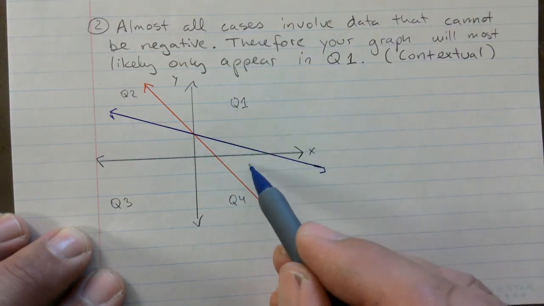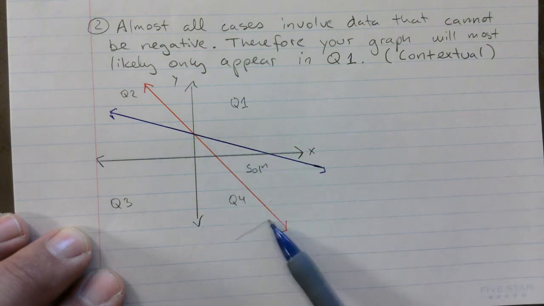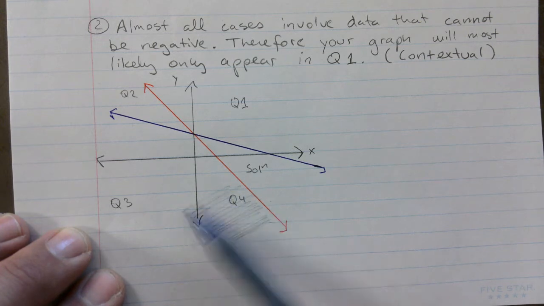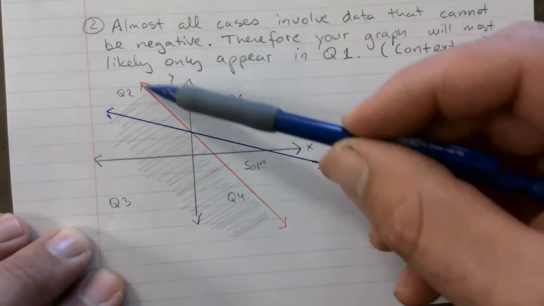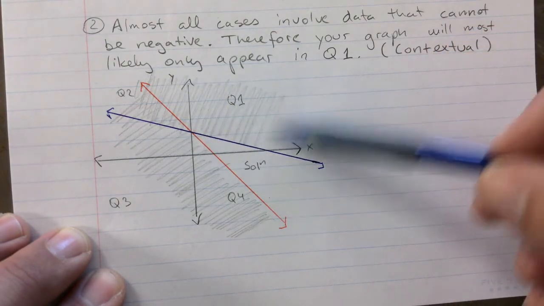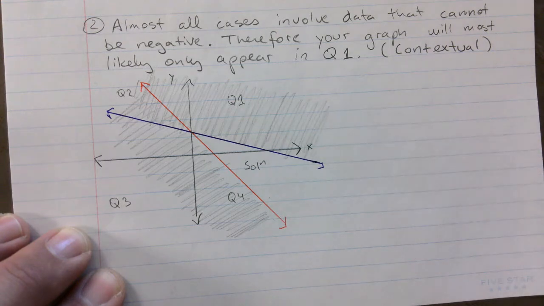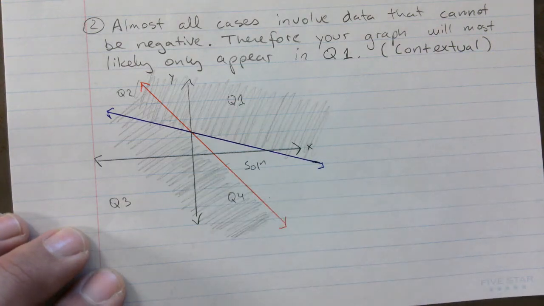So I'll write down solution here on this little wedge. And I will shade everything around it. So below the red and above the blue. Just light, you don't have to shade it too much there.